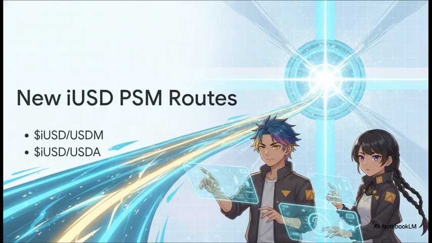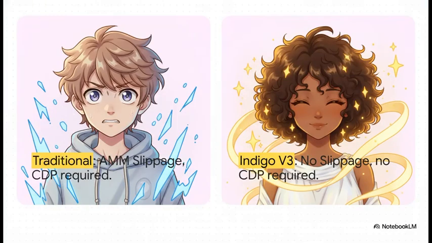And to make this powerful new tool work, the Tranche 2 governance also introduced specific new routes for the Peg Stability Module. Users now have access to the iUSD to USDM route and the iUSD to USDA route. By integrating these specific stablecoins, USDM and USDA, the protocol is building highly specific, highly efficient expressways for capital to flow directly into iUSD. Now, what's really interesting about this setup is the sheer relief it brings compared to the pain points of the past.